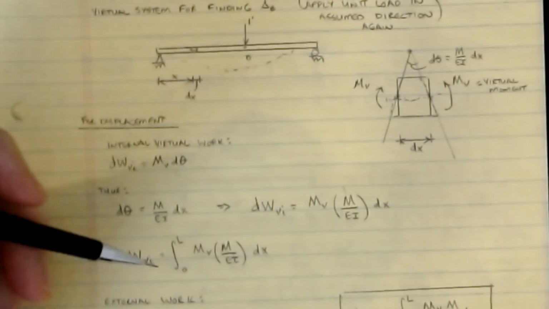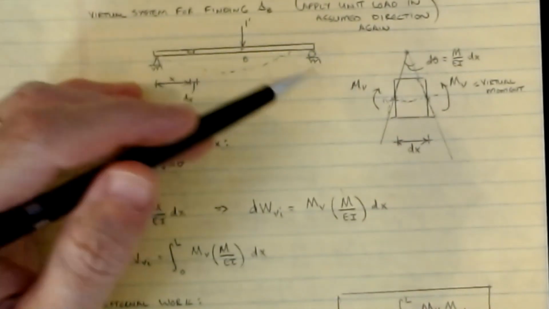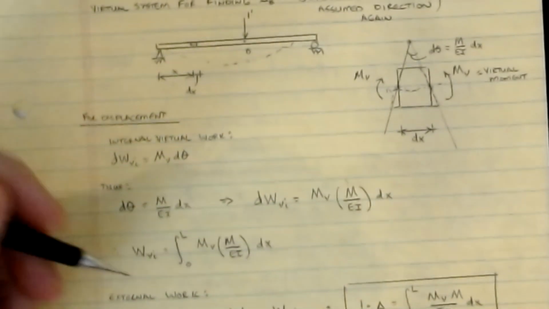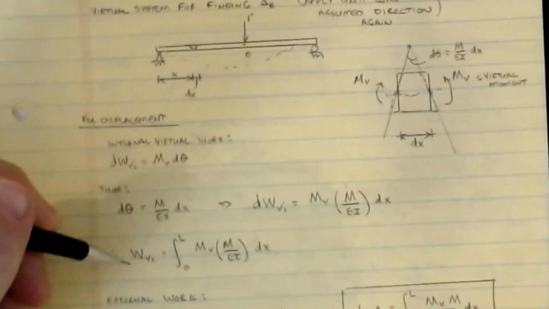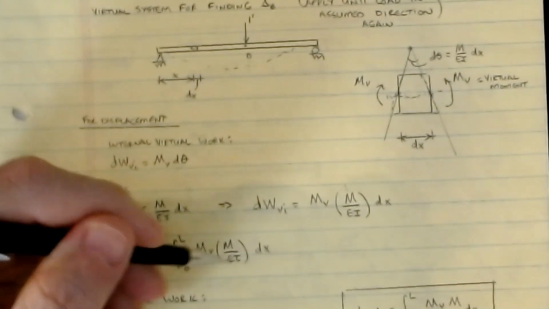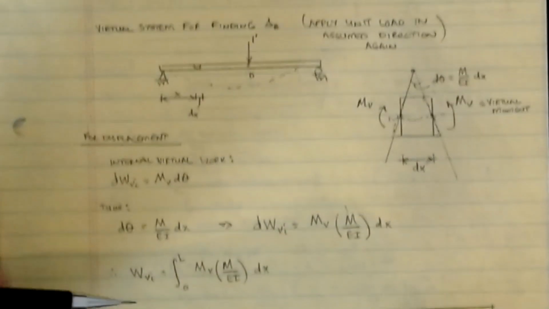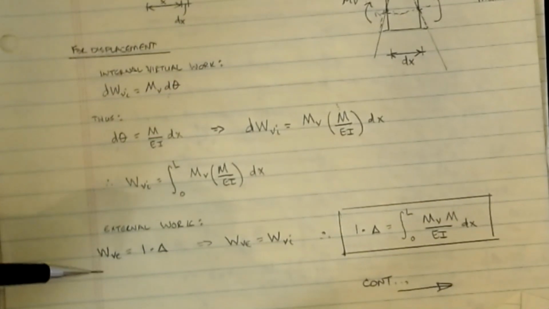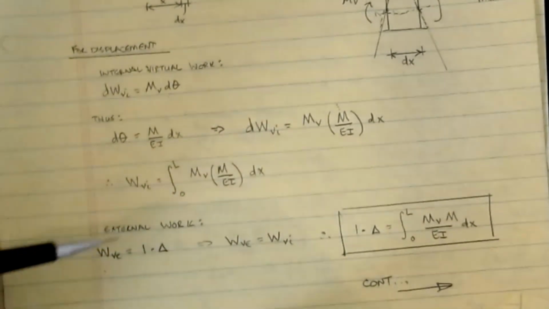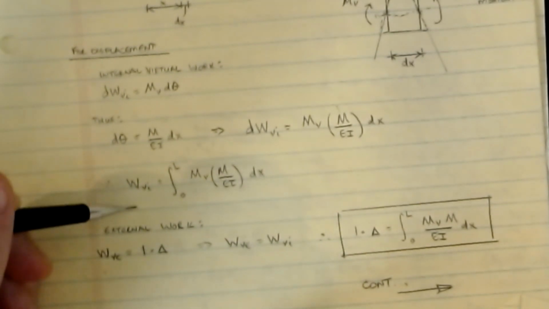Okay, and so if I want to add up all of the energy of all of the elements on the beam, all I do is integrate from L to 0. So the internal work energy of this beam is the integral from L to 0 of m_v times M over EI dx. Once you have that total energy calculation done, we know that the external work is 1 times the delta that we're after, that's our virtual external work, and I can set this equal to the internal work.